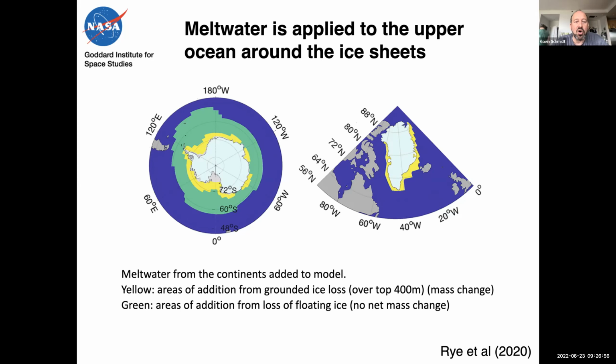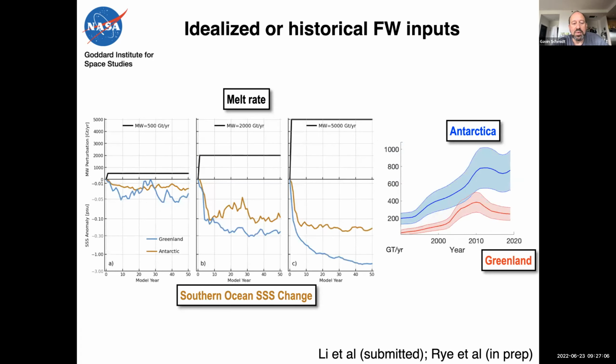These are pretty ad hoc patterns, and so there's some uncertainty associated with that, of course, and other models would do something different. And what we've done is we've imposed anomalous freshwater, both in terms of idealized scenarios, such as the ones on the left here.